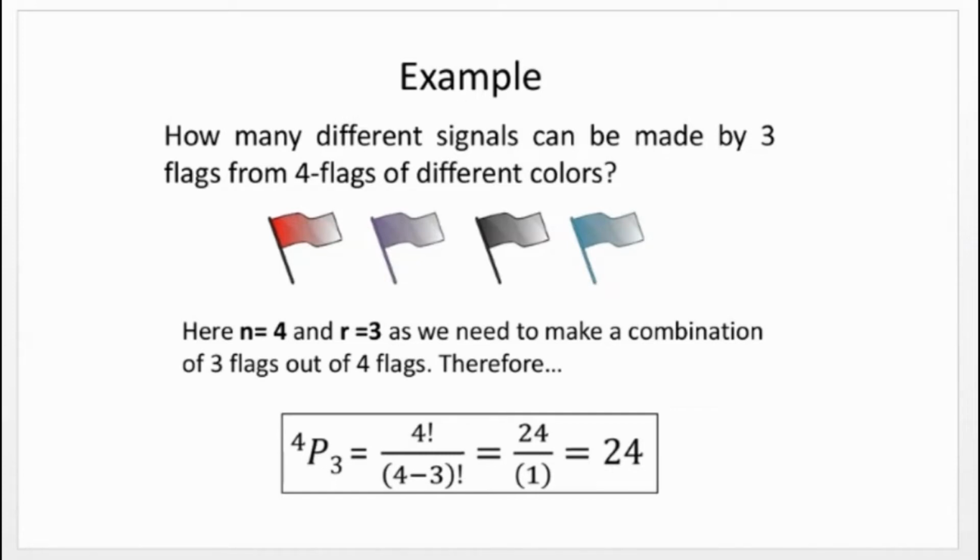Then each and every arrangement should be a different signal, right? Using these 3 colors, we can produce different signals. So it definitely goes to ordered arrangement, because each and every 3-flag arrangement produces one distinct signal, right? So due to that, it's an ordered arrangement.